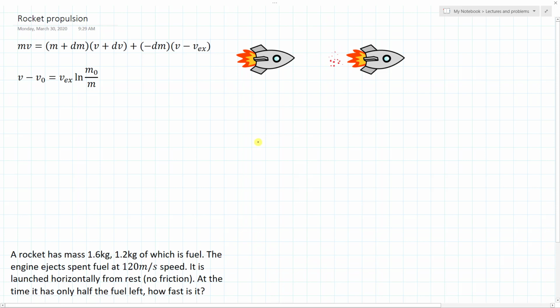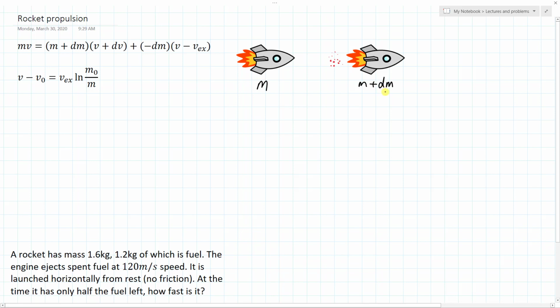Let's designate the total mass as m, the rocket with the fuel. And here we have m plus dm. I know that this doesn't sound very intuitive, because why are we adding mass? We know we're actually losing mass. But the dm is taken as the change of mass, which in itself is a negative quantity.